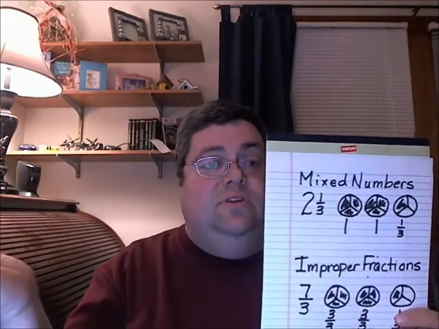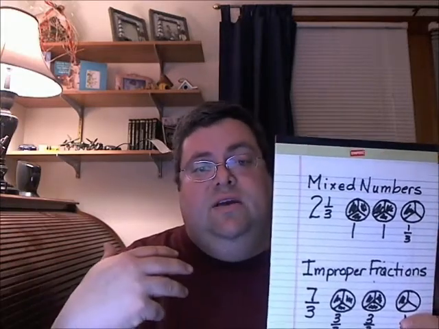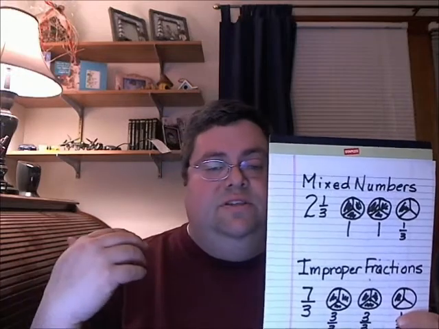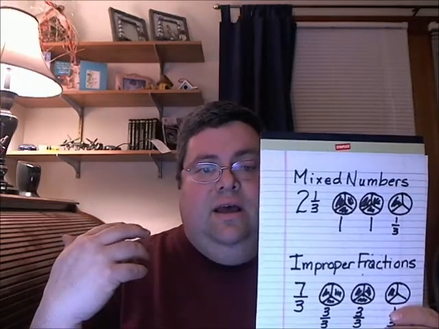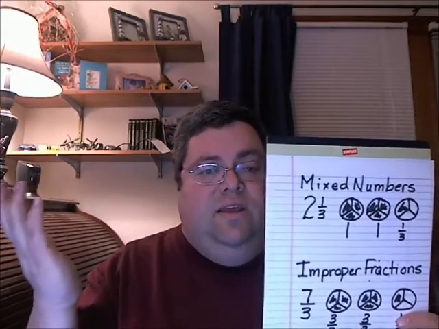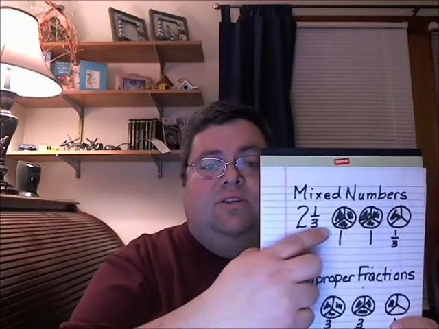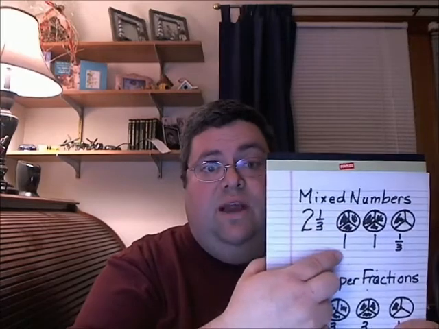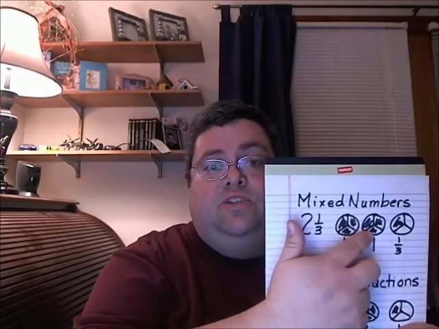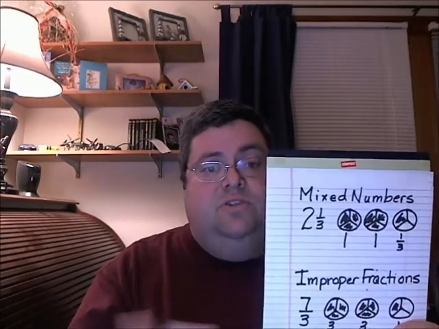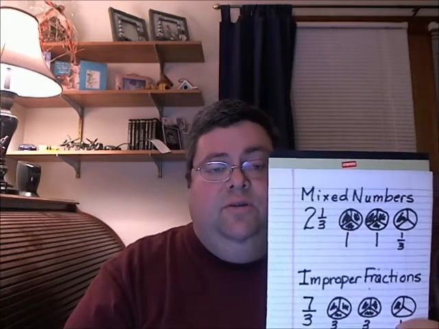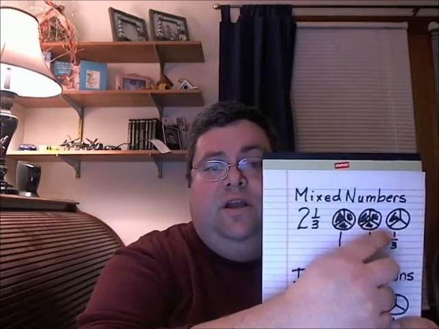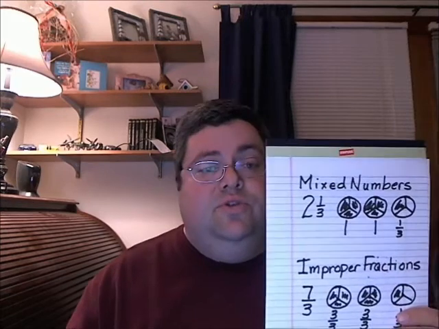We could say it was a Trivial Pursuit piece, or a food item, or pretty much anything you wanted. Regardless, this one was cut into 3 parts, and I used all 3 parts, so I used the whole object. This one, the same thing, cut into 3 parts, I used the whole object. This one, cut into 3 parts, but I only used one of them.